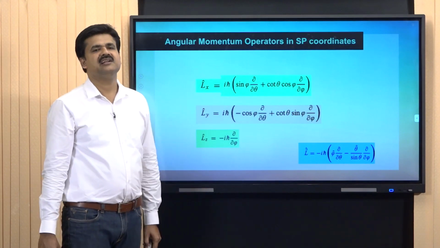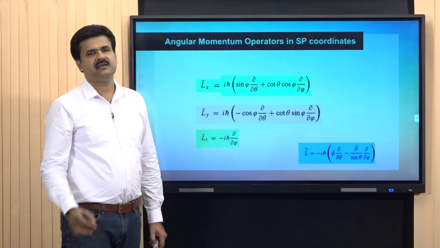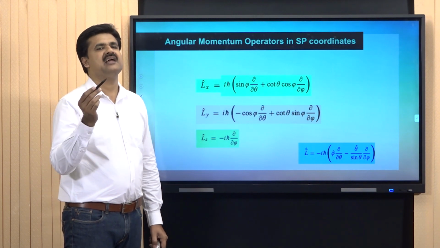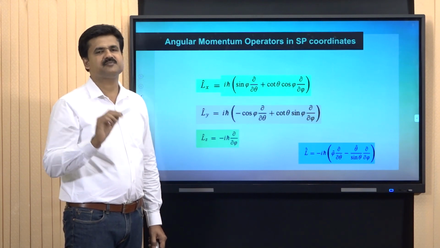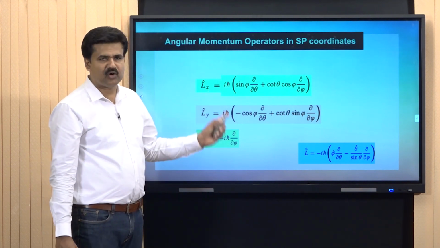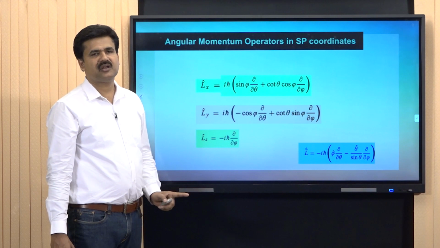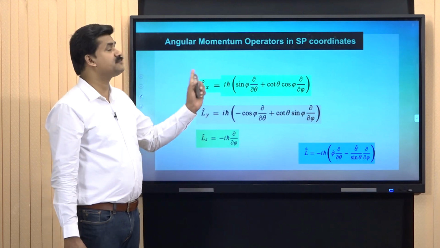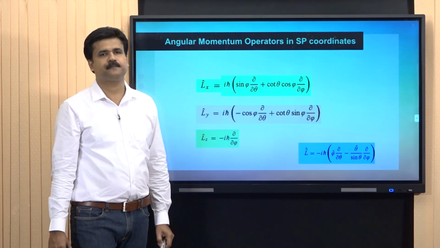This is about the conversion between spherical polar and Cartesian coordinates with respect to angular momentum operators. So these are the components and total angular momentum operators in spherical polar coordinates.